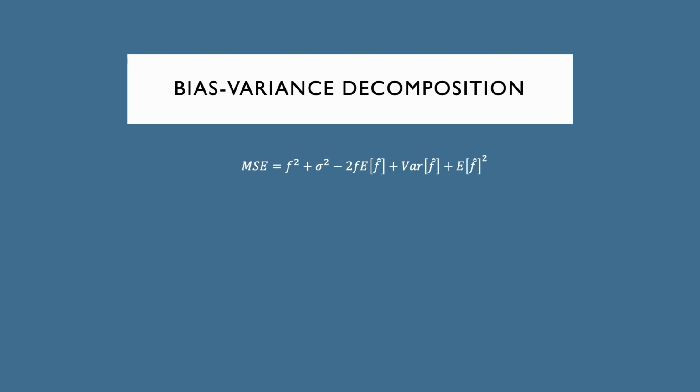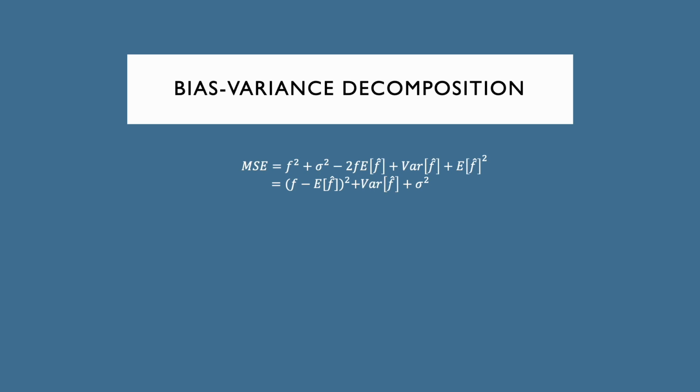Now you see the first term, the third term and the very last term; if we combine them together, we can write it as f minus the expected value of f hat, whole squared. And then the variance term remains and the sigma squared term remains.